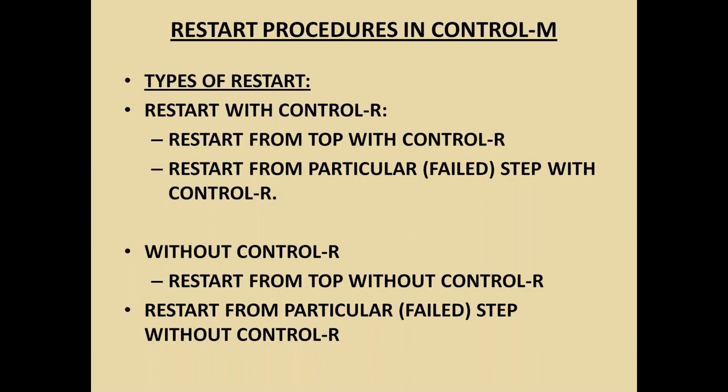Then the restart without Control R: restart from top without Control R. Again there is one more, restart from a particular step without Control R. Here also there are two options, from a step or from top. First we will go with the screens which explain your Control M restart.